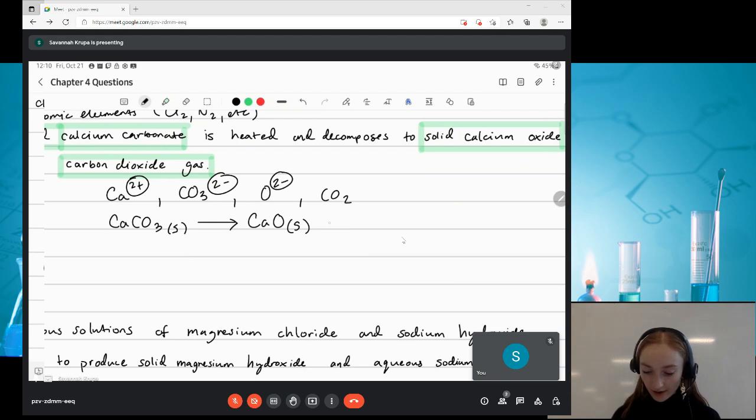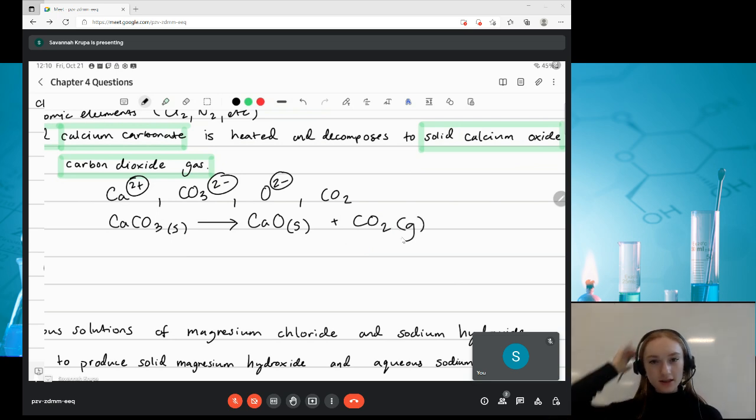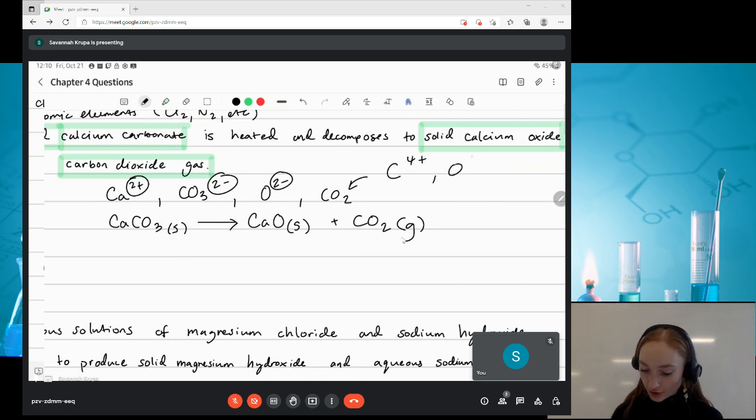So then we have solid calcium oxide worked out, and then it also produces carbon dioxide gas. So that's also CO2 here. I already wrote out CO2 because a lot of us already know, but the reason I knew this is because carbon has a 4+ charge and oxygen has a 2-.